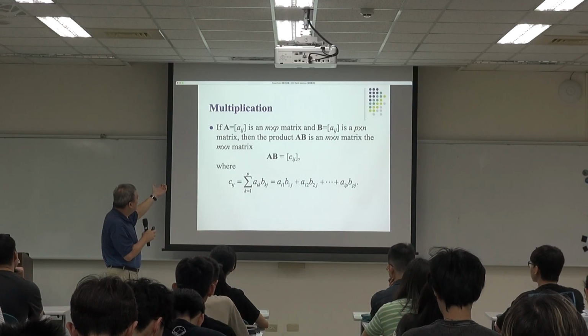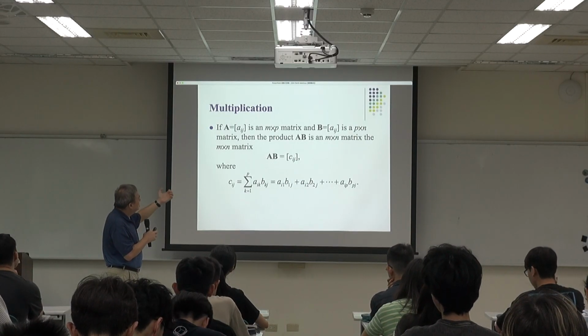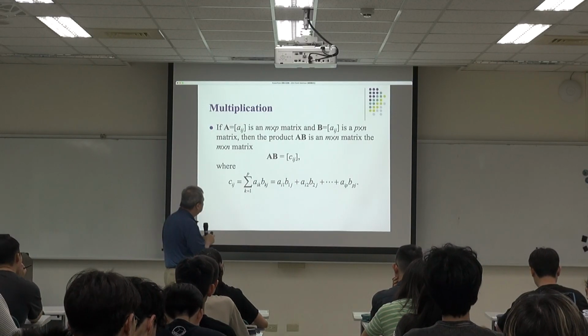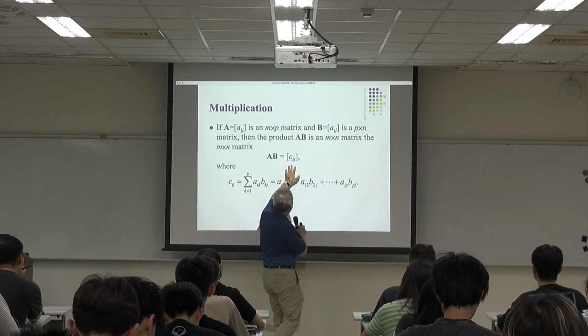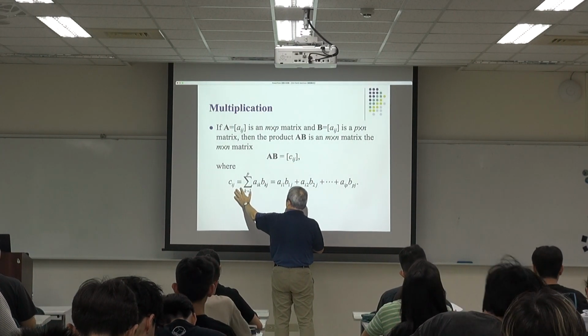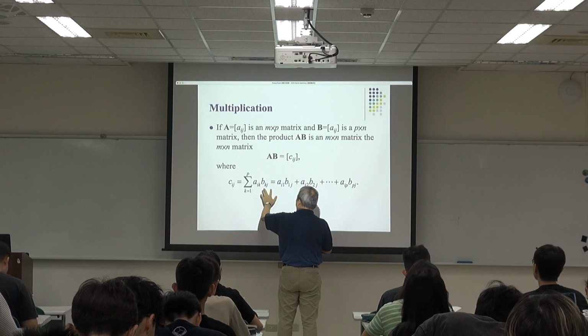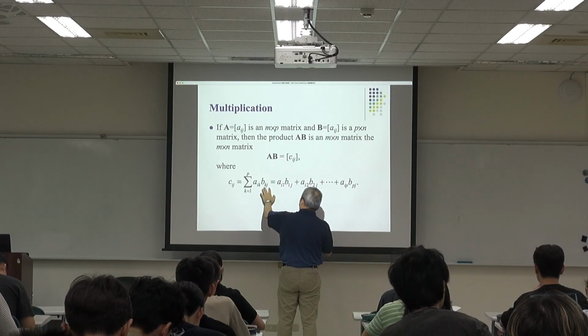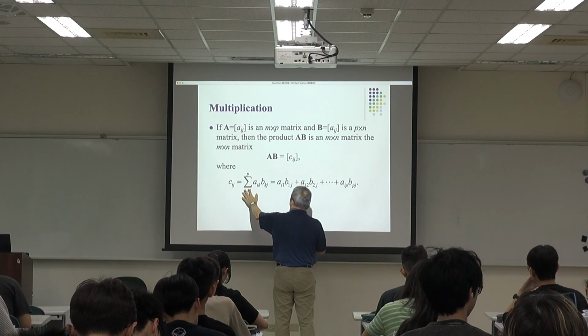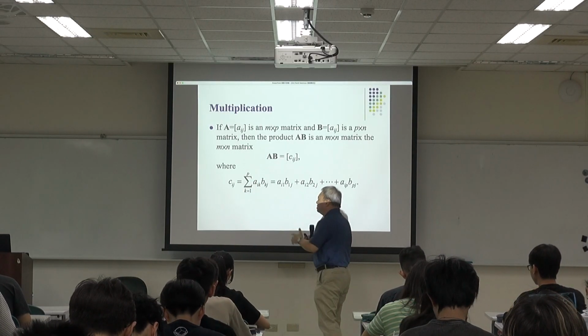As for how we obtain Cij, it is the sum of Aik times Bkj, where k runs from 1 to p. We add them up, and that's the result.